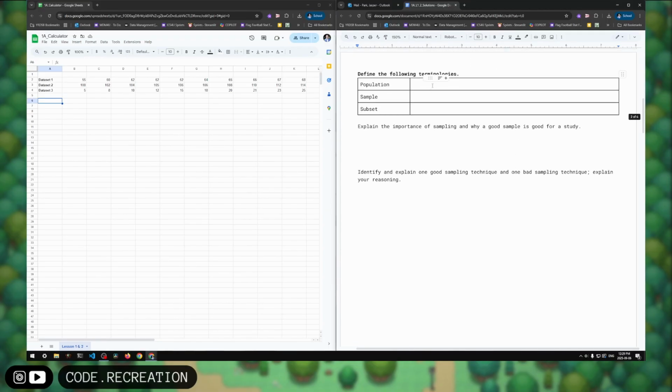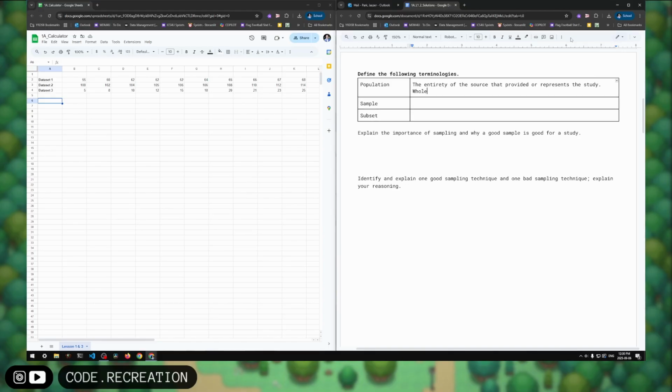Perfect. Here we go. Population. Basically, we can say that it is the entirety of the source that provided or represents the study.